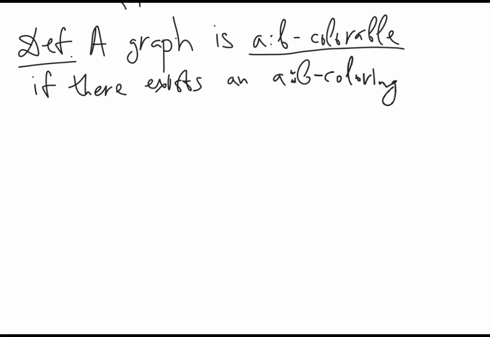It's A colon B colorable if there exists an A colon B coloring of this graph, with parameters A, B. So it's kind of an obvious definition.